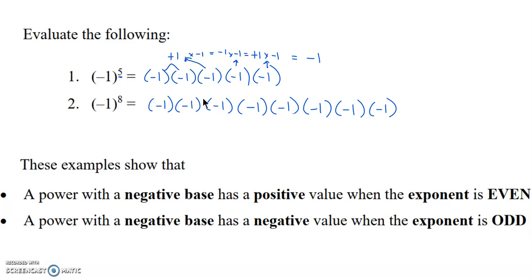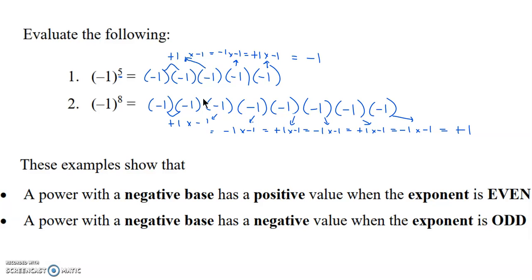Okay, we go through. +1 times -1 equals -1, times -1 equals +1, and so on, until the last -1 times -1 equals +1. Phew! That takes a long time.